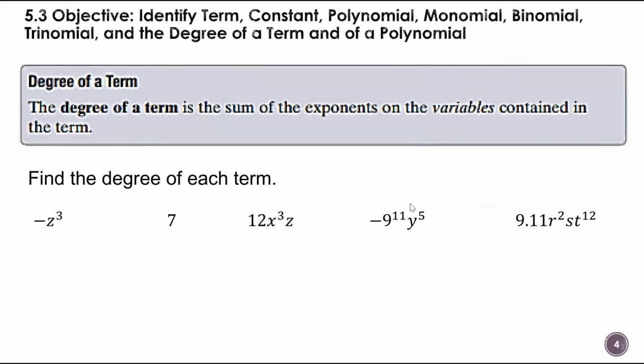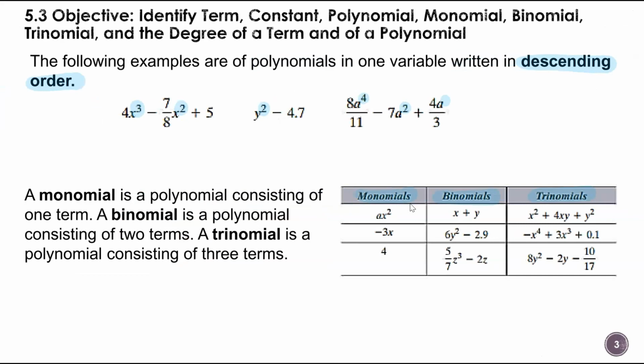Okay, next, and there's more. We're going to talk about the degree of a term. I'm actually going to go back one. Let's look at these monomials. Each of these has a degree, and for binomials, each term has a degree.